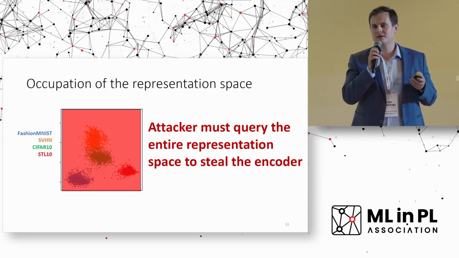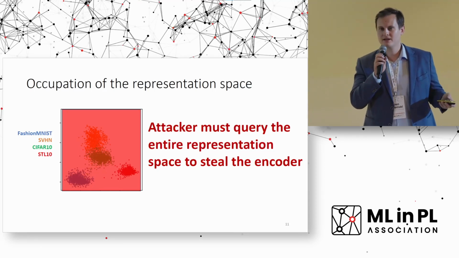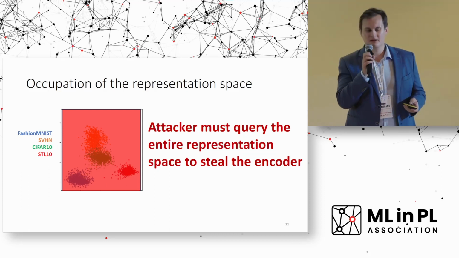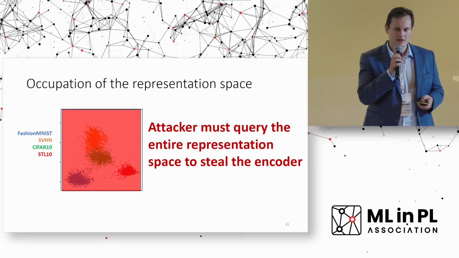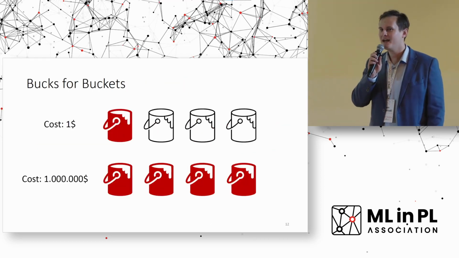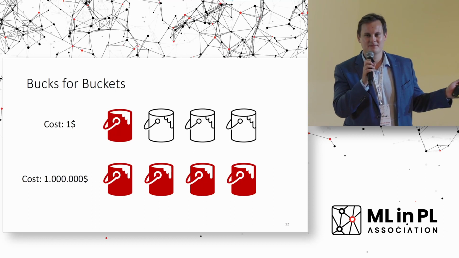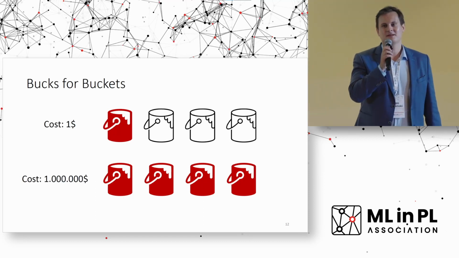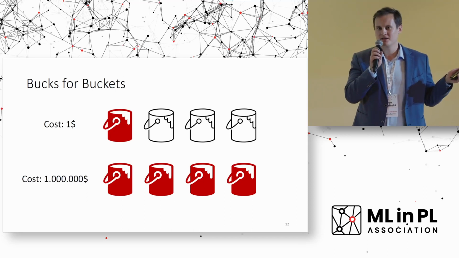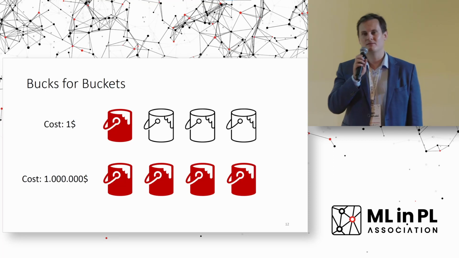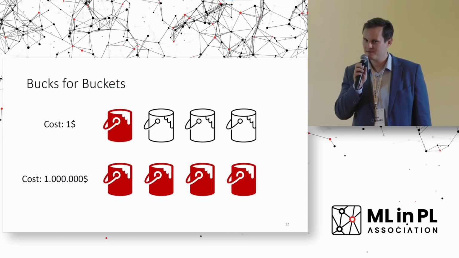And this difference between legitimate users and the attacker is the basis on top of which we built our defense mechanism. Our idea is that we divide the entire latent space into buckets, and for a smaller number of buckets, we have a low cost associated, which is not bothersome for legitimate users.